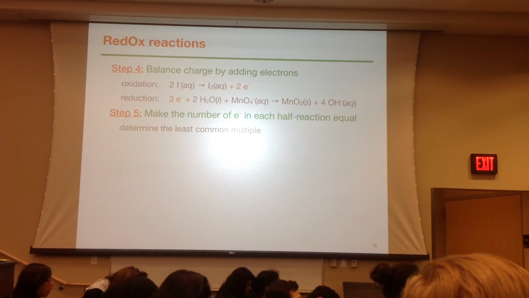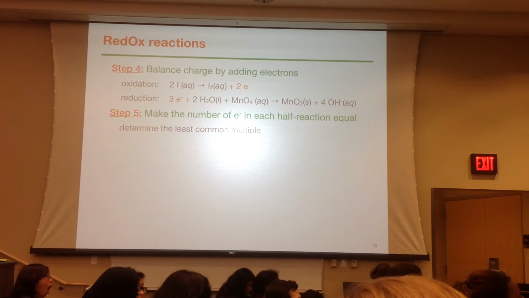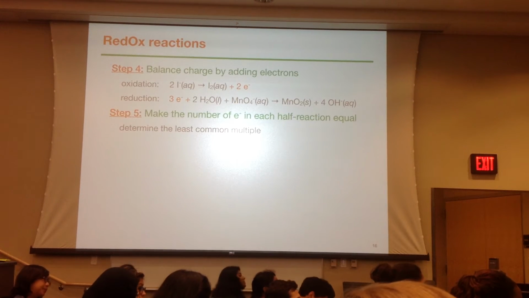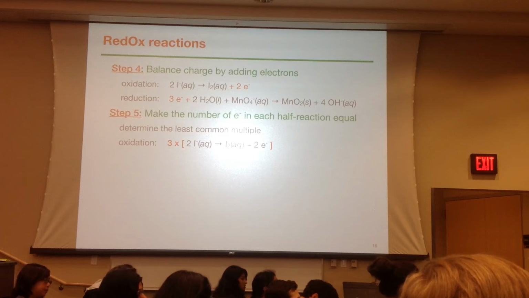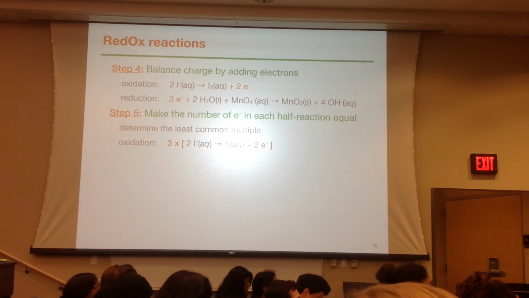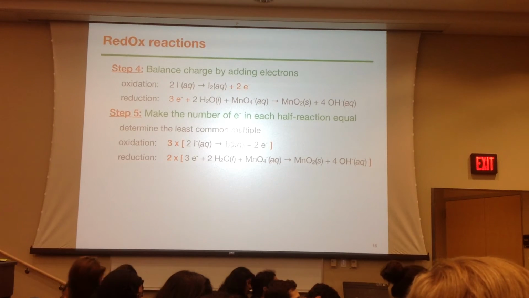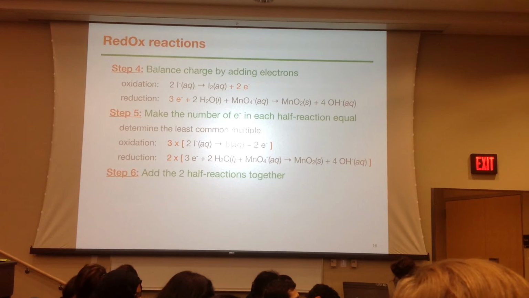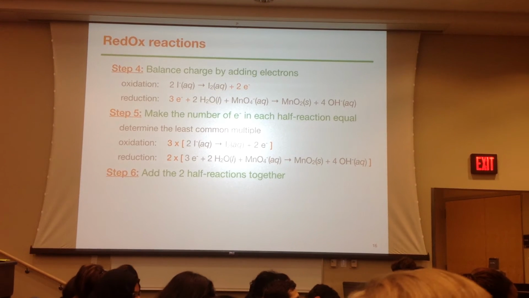All right, what's the least common multiple between 2 and 3? 6. So I'm going to multiply my oxidation half reaction by 3. I will multiply my reduction half reaction by 2. And then I'm going to add the 2 together after I pull the 3 all the way through and the 2 all the way through.